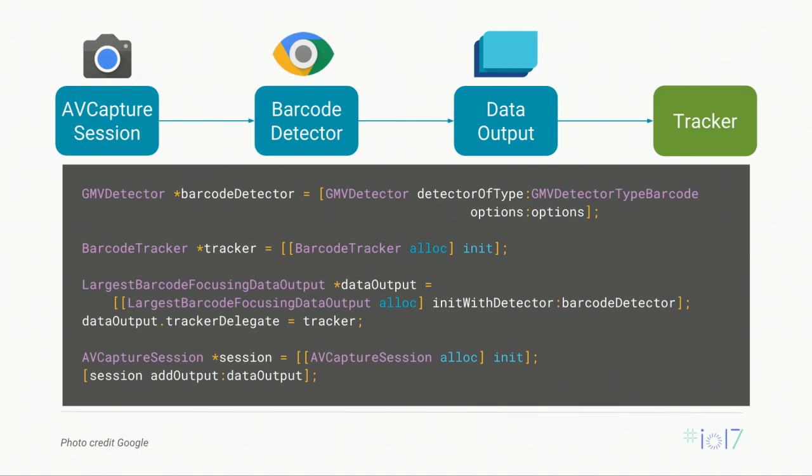The rest should be fairly familiar. So you want to instantiate a detector. You want to instantiate a tracker where you put your business logic. You're using a data output to hook up your detection result to your tracker. And then you use the AV capture session to stream the camera into the detection.